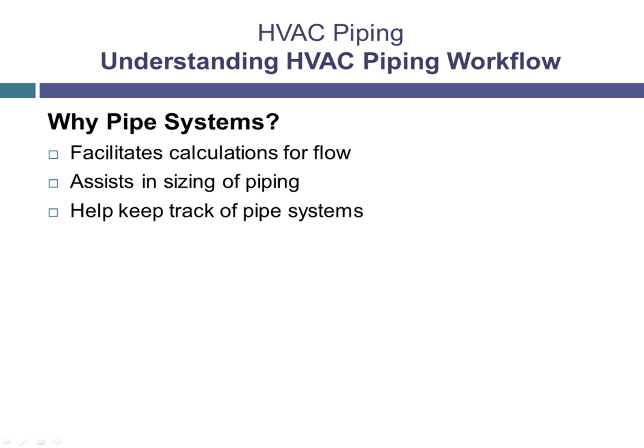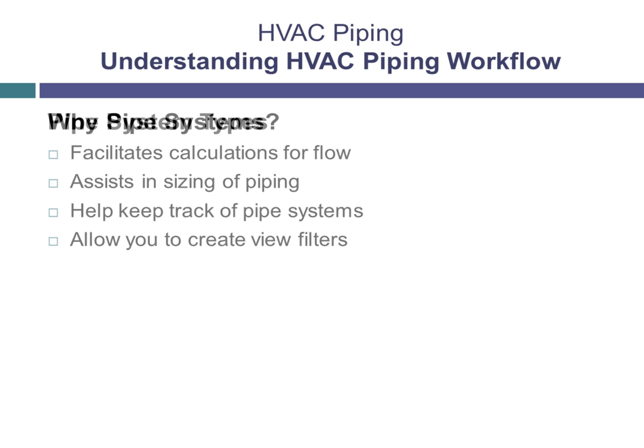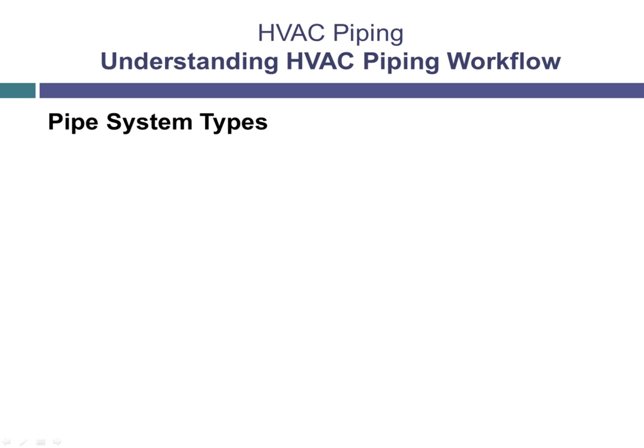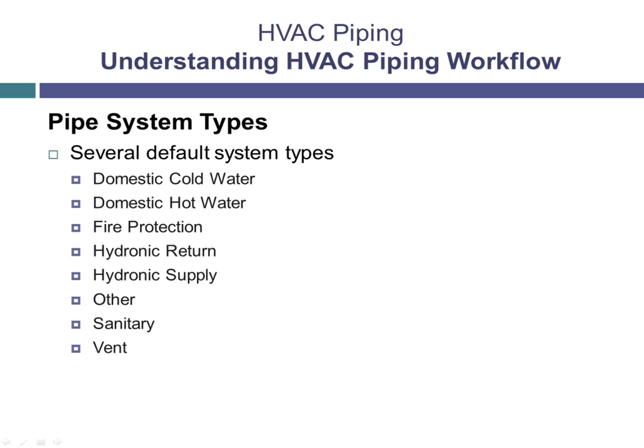You will also have the ability to create view filters in order to see the various systems. By default, there are several system types for pipe, such as domestic, fire protection, hydronic, sanitary, and vent. However, you can create additional custom system types to handle the needs of the piping systems in your project.